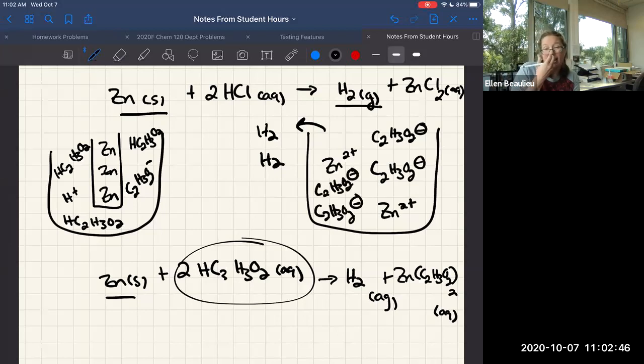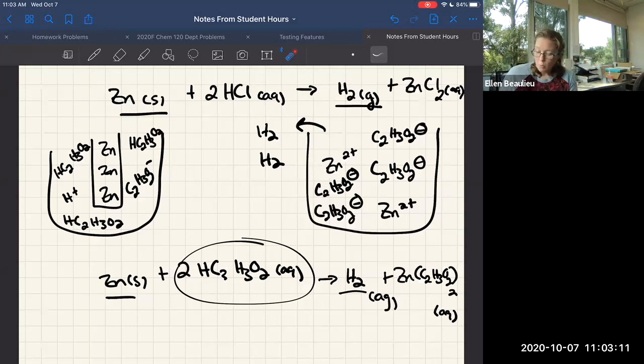Again, I don't have any intact molecules of zinc acetate, because zinc acetate is a soluble ionic compound, so it fully dissociates. While this solution may have been poorly conductive because there are few ions, this solution is going to be highly conductive because everything's in solution.